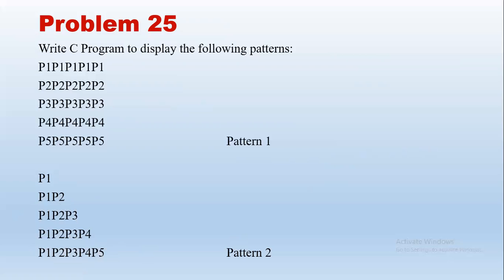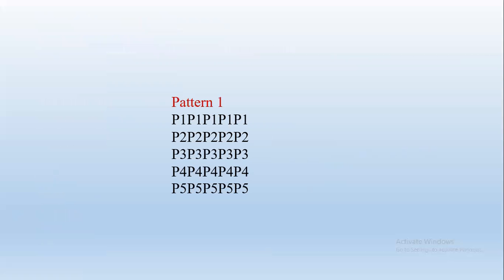So let us see how we can solve this using a program. First part of the problem, we will solve pattern 1. We observe that P1 has to be printed 5 times. If we want to print this, 1 is nothing but i, as we have seen in the example. So we need to print Pi.